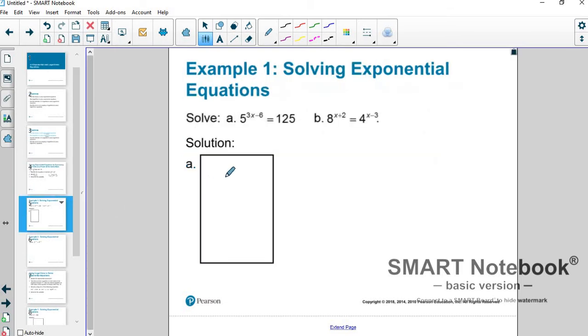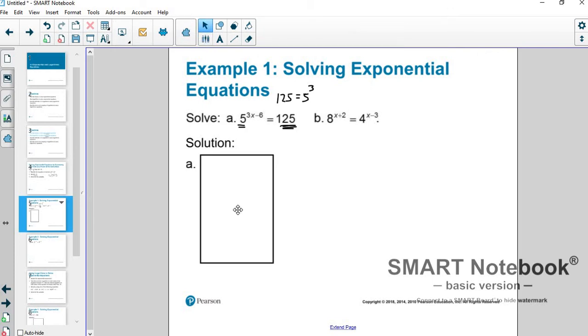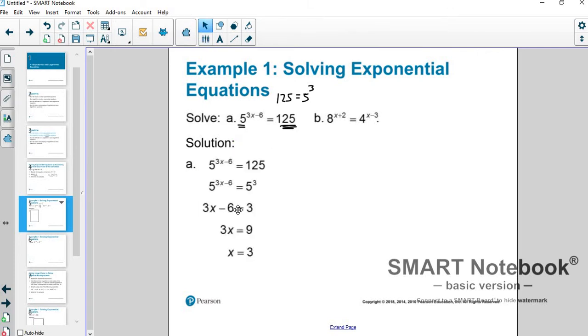Okay? So, for example, 5 to the 3x minus 6 equals 125. 125 is 5 times 5 times 5. It's 5 cubed. So you can rewrite 125 as 5 cubed and then use the one-to-one property.